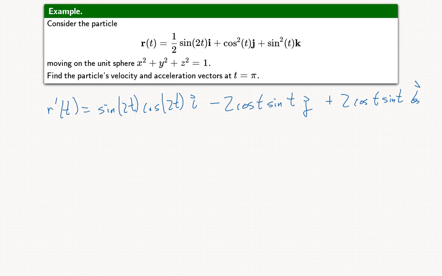And there's various ways you could rewrite this using the double angle identities, but we don't need to. Okay, so that is the velocity at a general time.